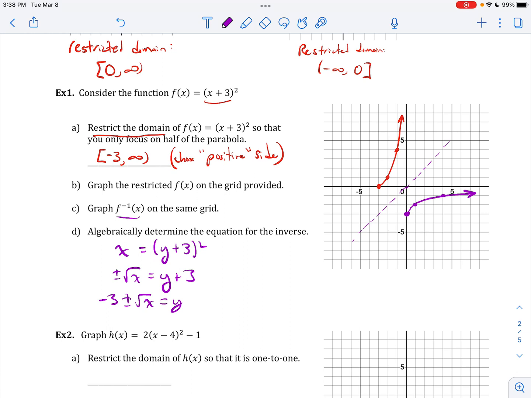I care about either the plus or the minus to make this happen. Well, since I took the positive side up here, I'm only going to care about the positive version of this. So because of the restriction, this really turns out to just be -3 plus the square root of x. It's not plus or minus because we know from before that's not a function.